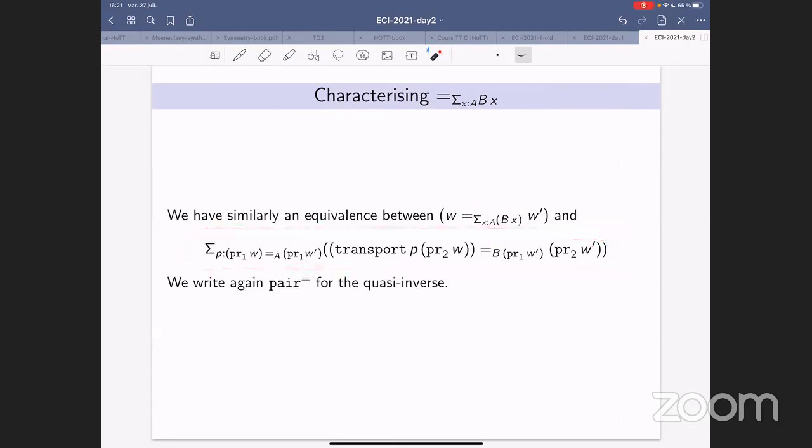The type of pairs of a proof that PR1W is equal to PR1W prime, and a proof that, using transports, here we need transport because we are in a dependent setting, a proof that PR2W is equal to PR2W prime up to, well, with the necessary transport to make this meaningful. Okay, so this is good.